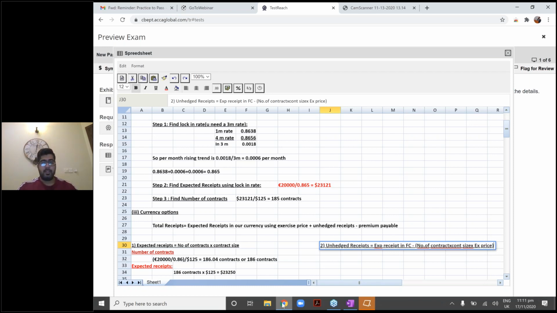Okay, so it's expected receipt in foreign currency minus number of contracts into contract size into exercise price.